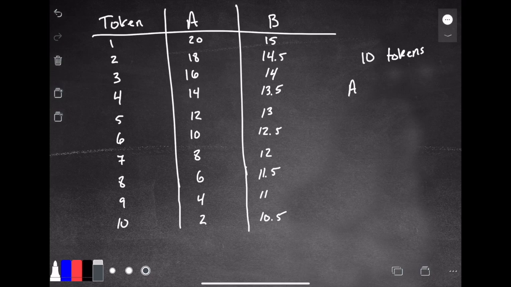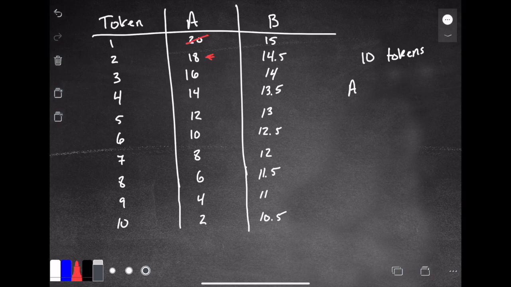Okay, so now we take our second token and we have to decide. I'm just going to mark what we do here. So we put one in machine A. Now we have our second token, and we can put it into machine A or we can put it in machine B. If we put it in A, that would be the second token in A, and we would get a payoff of 18.